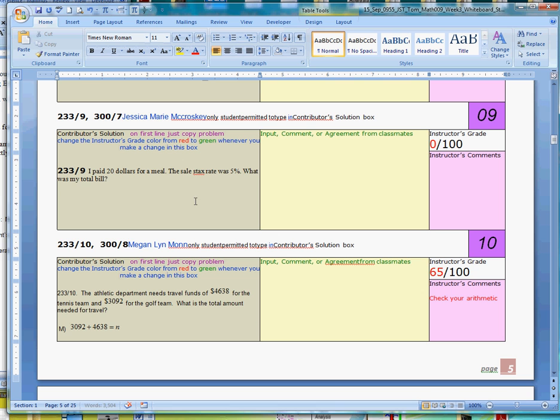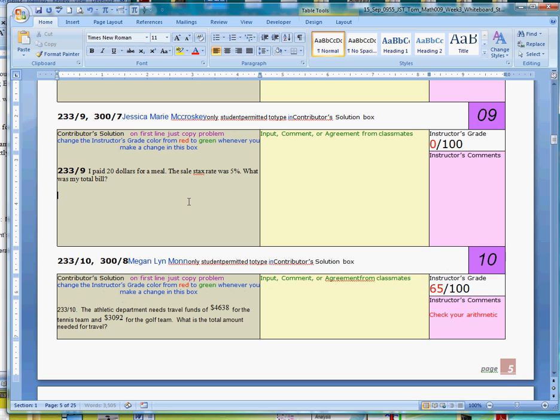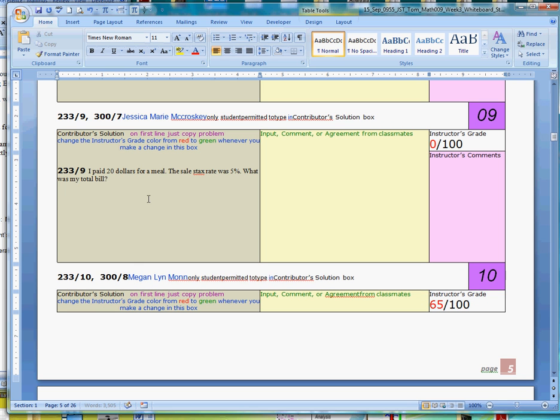So next I will write any formulas that I happen to be using. If not, I will go to my solution. So the first step in my solution, I'm going to say that the total equals cost plus tax.